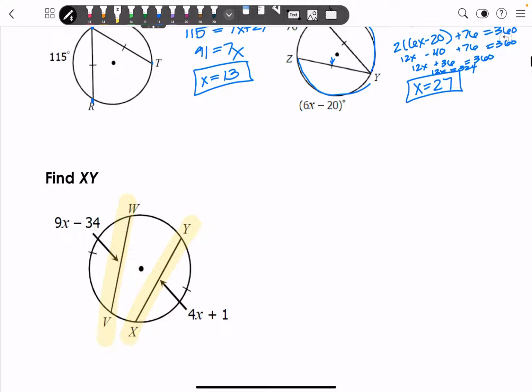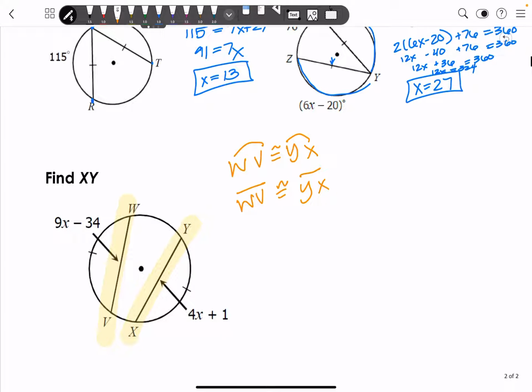And the reason we know that is because those chords are congruent. So because arc WV and arc YX are congruent to each other, then chords or line segments WV and YX are congruent to each other.